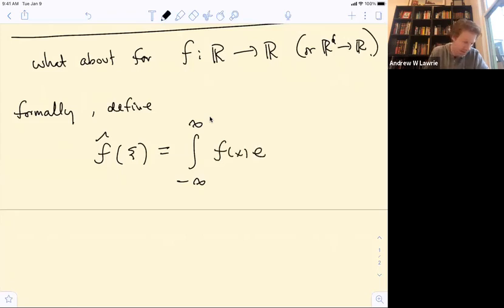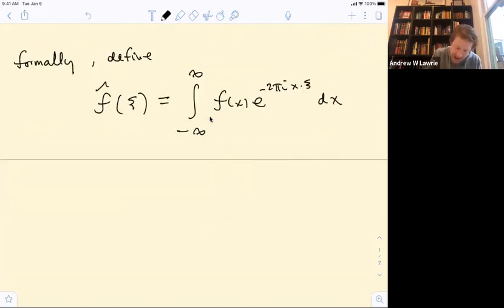f of x, e to the minus, and for convention I want to put e to the minus 2 pi i x times c dx. So I'm just using the symbol c now instead of n. If I think of c as being a real number, then f hat is now another function from R to R, at least formally.